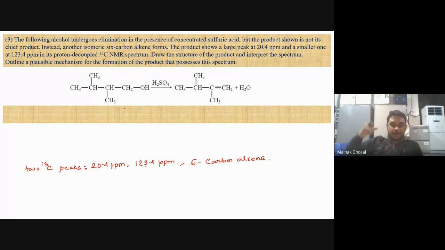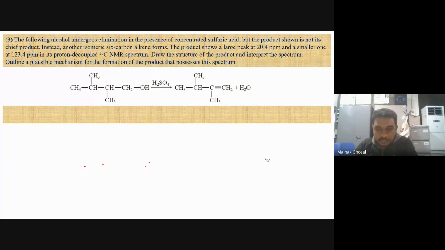So if I go one by one, 13C is showing two peaks at 20.4 and 123.4.